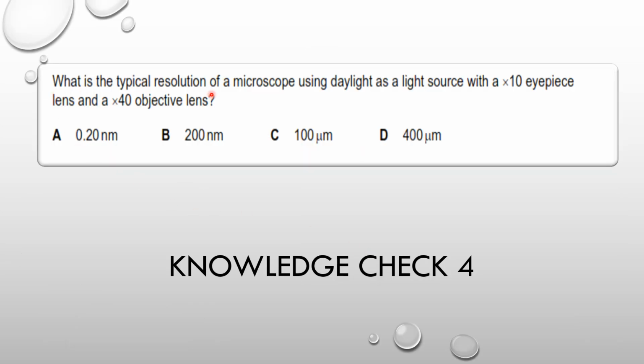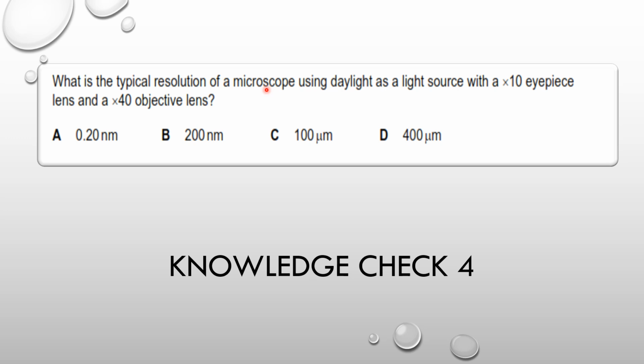What is the typical resolution of a microscope using daylight as a light source with a ×10 eyepiece lens and a ×40 objective lens? Remember, pause this video and check and solve it.